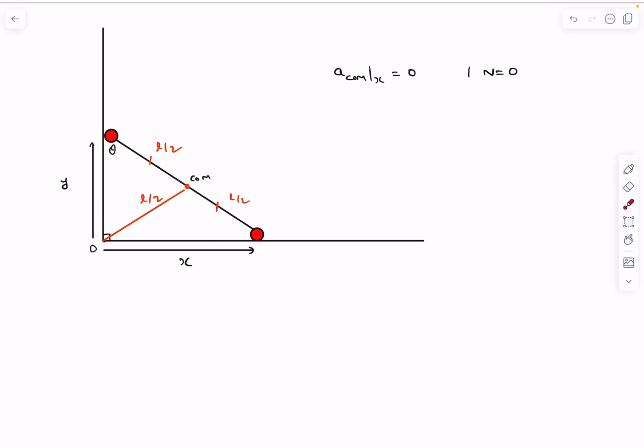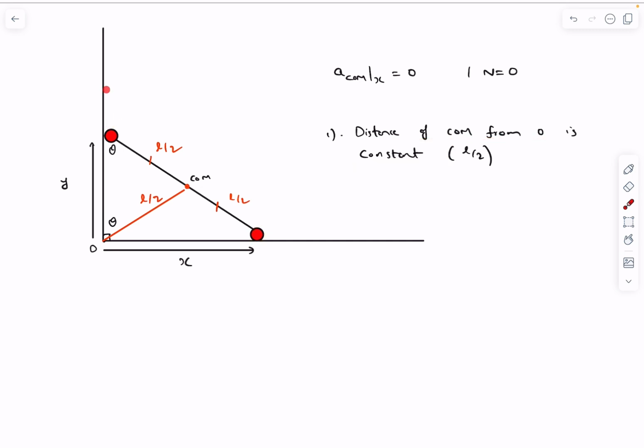Now by the equal side equal angle property, this angle is also going to be theta. This property tells us something important: the distance of the center of mass from the vertex O is a constant.